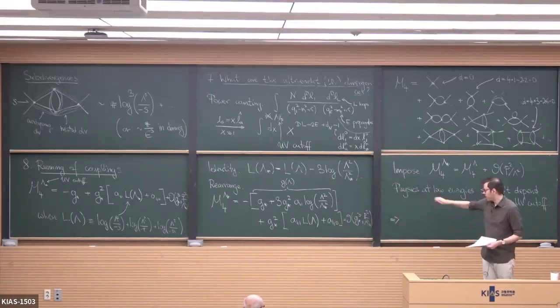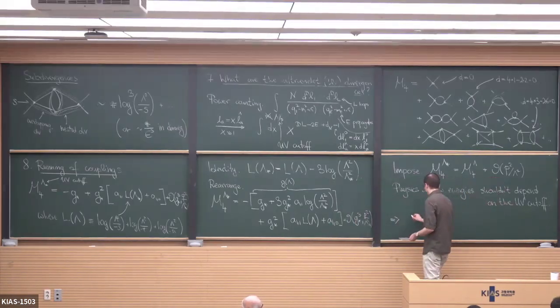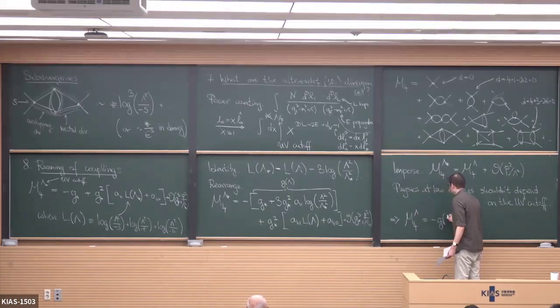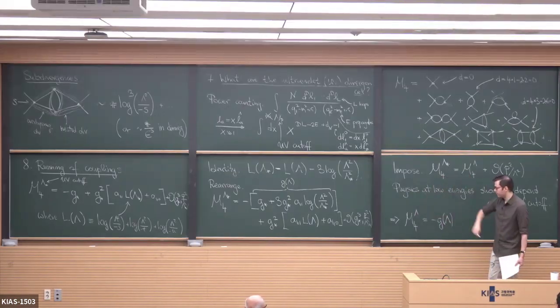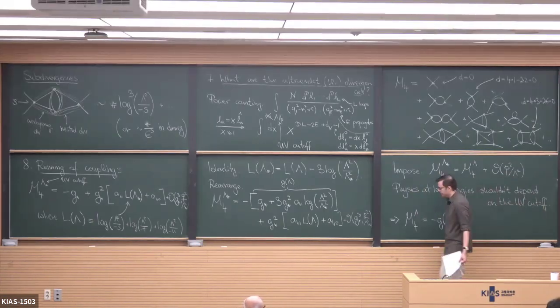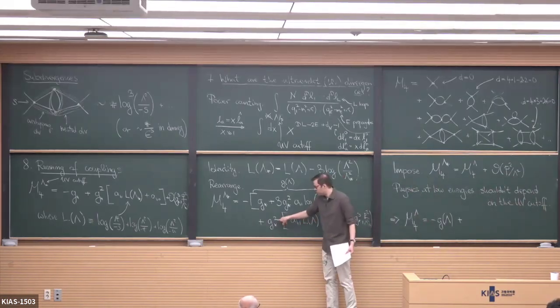Okay? So if I make this identification, then I can actually write down that M4 with the new cutoff is going to be equal to minus G of lambda. It's just copying the first term. Then plus, well, naively, I would write down G star squared.